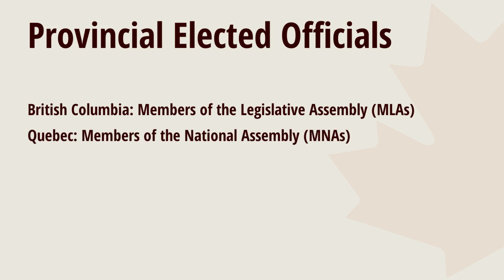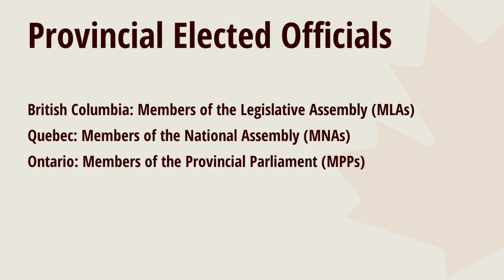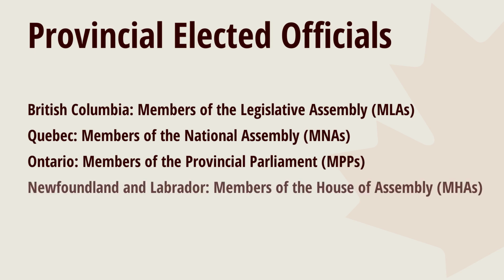In Quebec, they're called Members of the National Assembly, or MNAs. In Ontario, they are Members of Provincial Parliament, or MPPs. And in Newfoundland and Labrador, they are Members of the House of Assembly, or MHAs. You should know your own provincial member and what they're called.